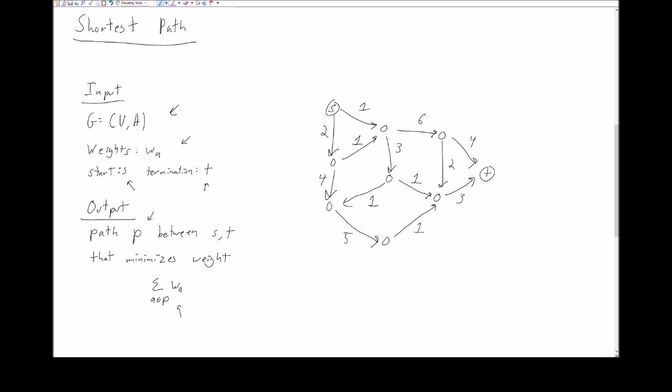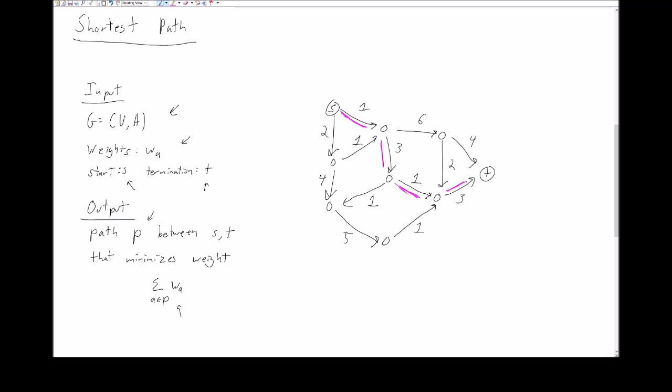Here we have a particular input, a particular graph, and the nodes S and T are marked. The weights on each arc are also denoted with these numbers. If we were to find the shortest path inside of this graph, we would first choose this edge, then we would choose this edge, then we would choose this edge, and finally we would choose this edge.